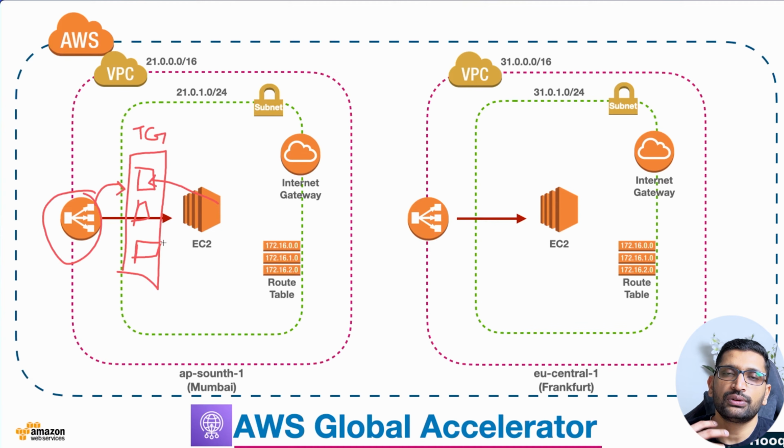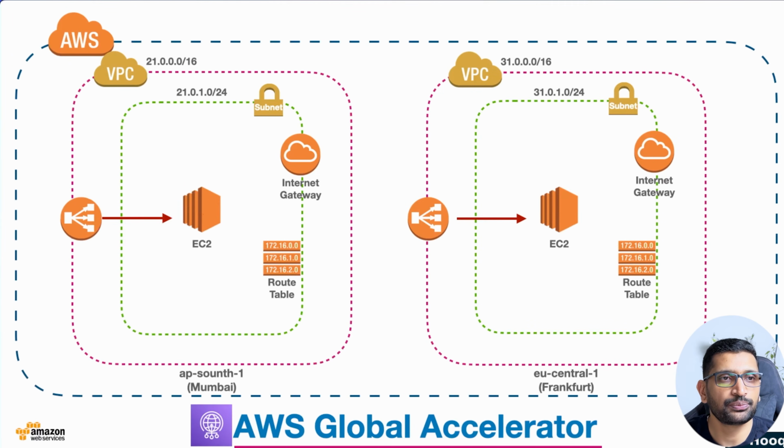So that's why we need to first create a target group. And in that target group, we need to put these EC2 instances. It can be one, it can be more than one. And once it is put, then we need to set our load balancer to target that target group. Okay. So the same activity we will do in our Frankfurt region as well.